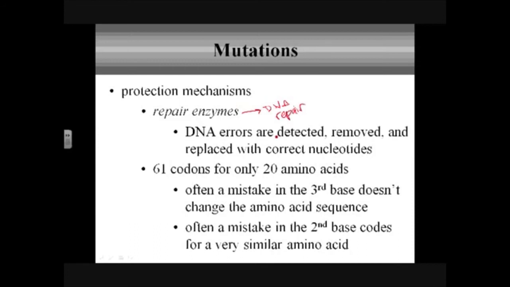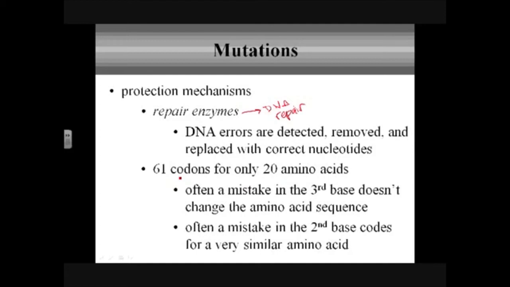All right, enzymes will actually go in and chop out the little mistake and fix the mistake to hopefully protect the genetic information, the genetic code, so that the proper proteins can be created during protein synthesis. In addition, there are actually 61 codons that exist for only 20 amino acids.